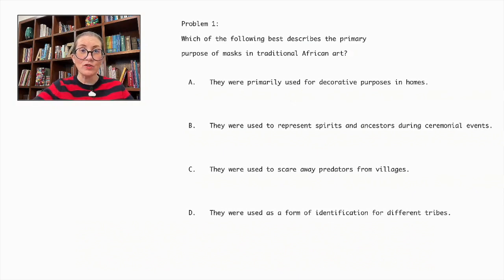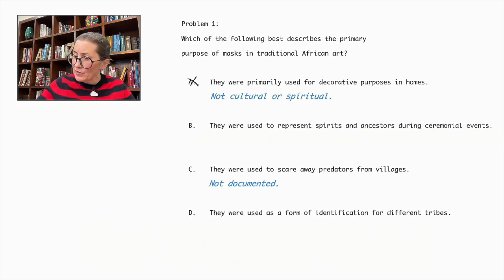Masks used for decoration in homes would not capture their significant cultural and spiritual roles, so we can cross that out. Scaring away predators is not a documented function of these masks either. So let's eliminate that. Identification for different tribes is also not accurate, as masks are more symbolic and spiritual.